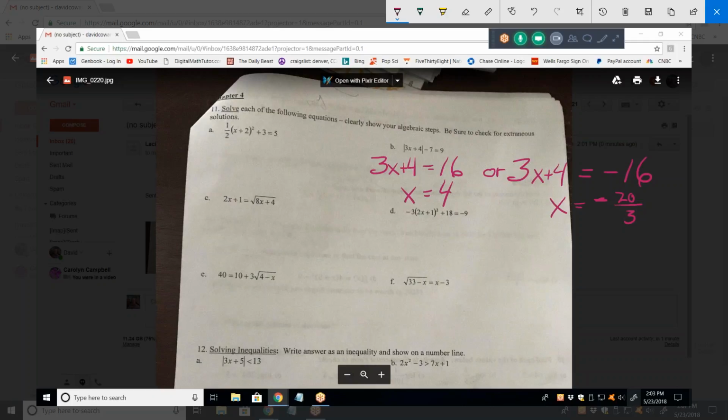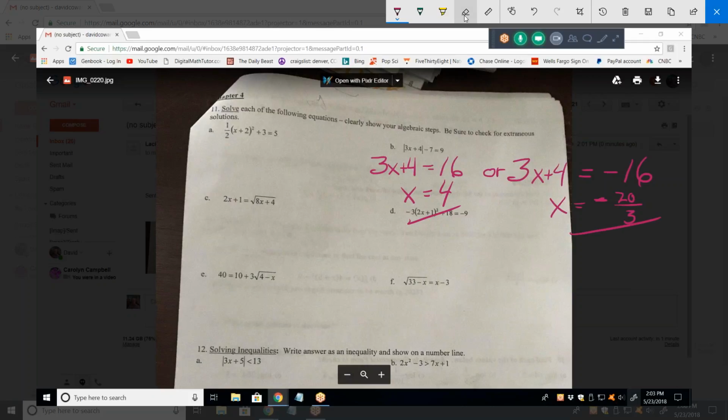Is that still an equation? Yes. Okay. Check mark. Plug in minus 20 thirds for x. Is that still an equation? Yes. Correct.